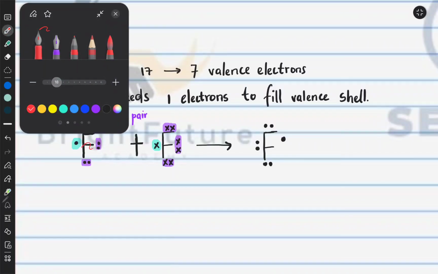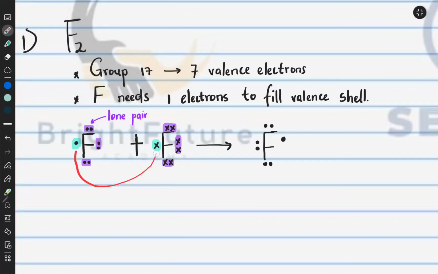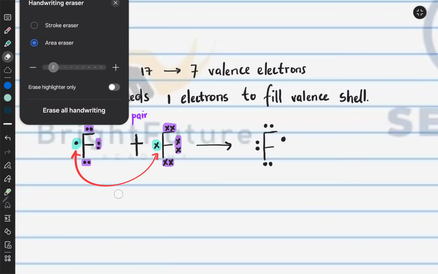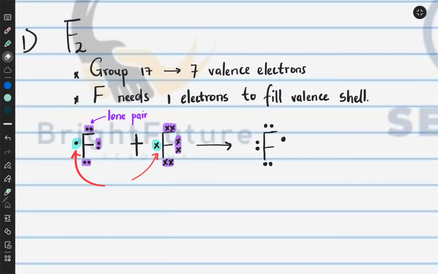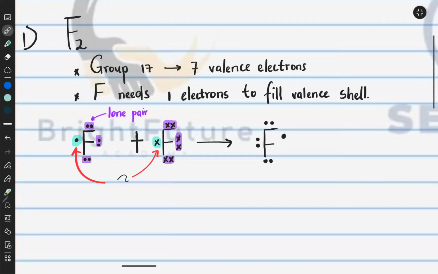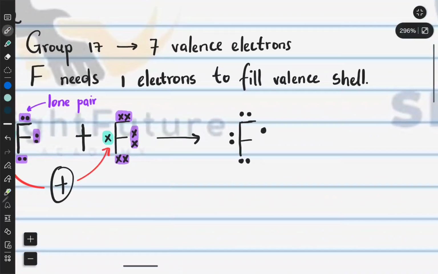This will combine with that, right? They will combine, these two, such that they will create a pair that will be shared between these two fluorine atoms.